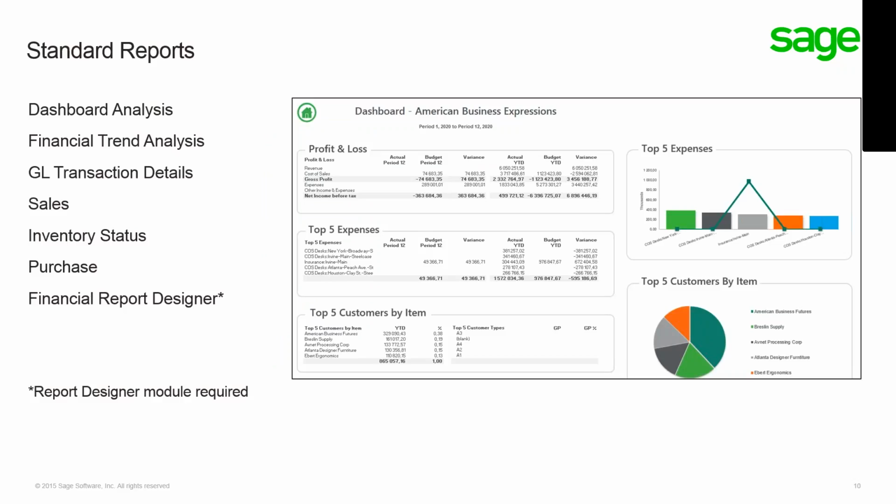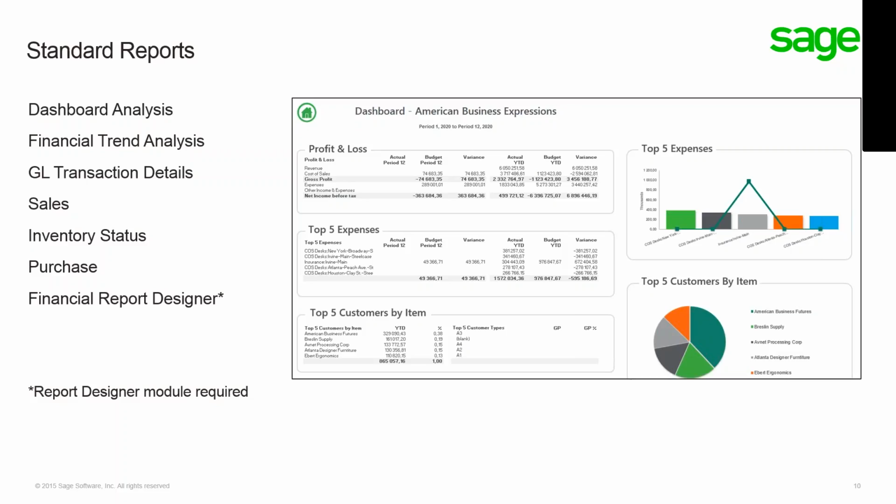And then again, just going back to the standard reports, now we see a screenshot, dashboard analysis. So that dashboard analysis, we have a screenshot of that on the screen right now, which includes, just want to point out here is, again, going back to the first point, we mentioned that it's not strictly financial. I can do operational reports.